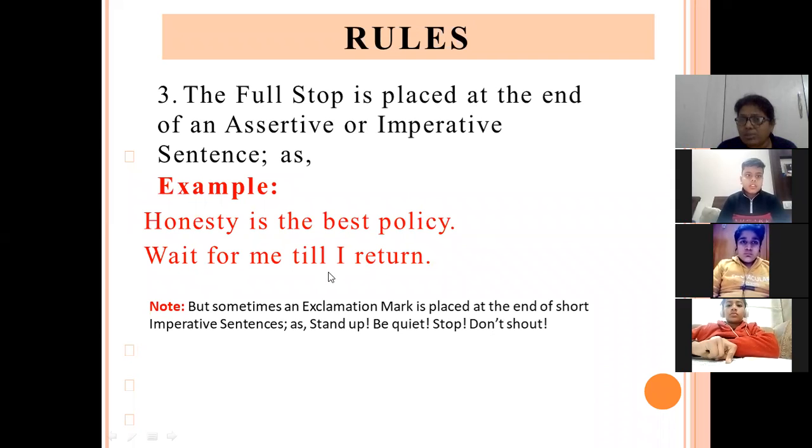So you are telling or commanding someone. When you are using an imperative sentence as a long sentence, we end it with a full stop. But when the imperative sentence is short, we put an exclamation mark, right? Sometimes an exclamation mark is placed at the end of short imperative sentences.